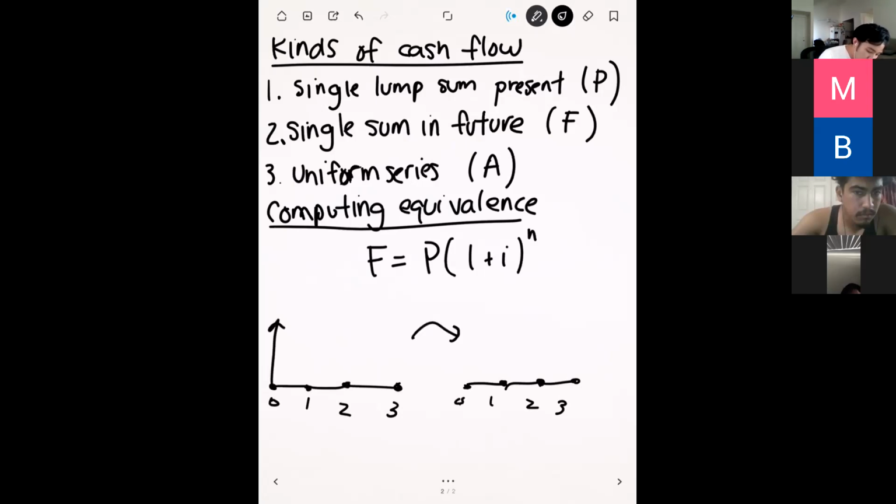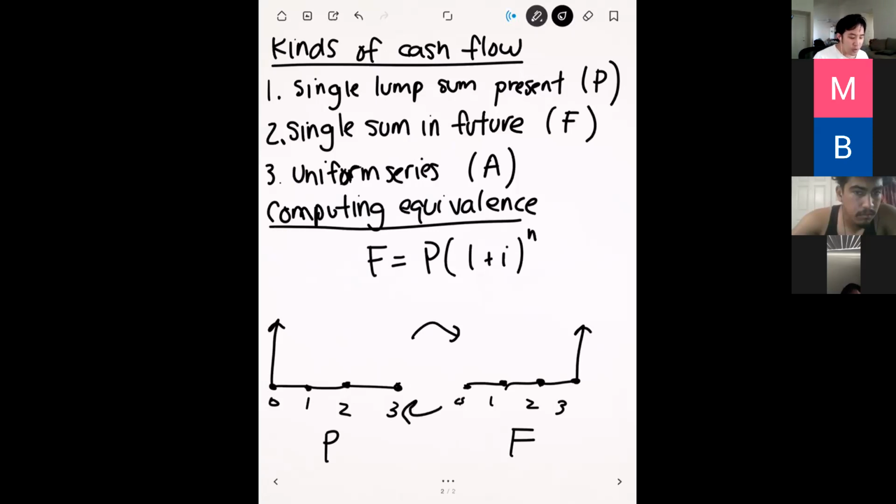And so with this formula, what we're able to do is kind of convert in between these two. Okay. So this would be our P, and this would be our F. Okay. So remember, a P is a single lump sum in the present day, and in our cash flow diagrams, we used the time 0 to denote present day. So a single lump sum in the present day would be like an up arrow or a down arrow, a single one that's on time 0.